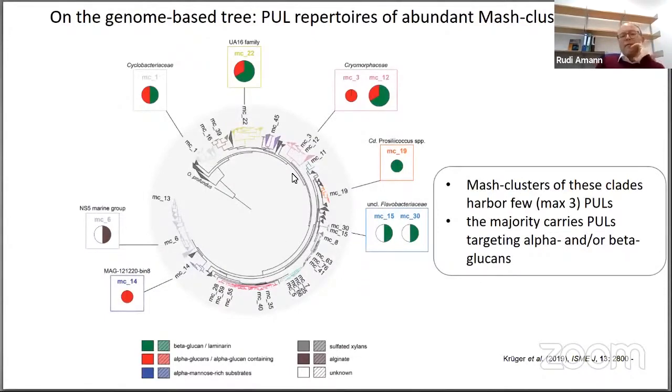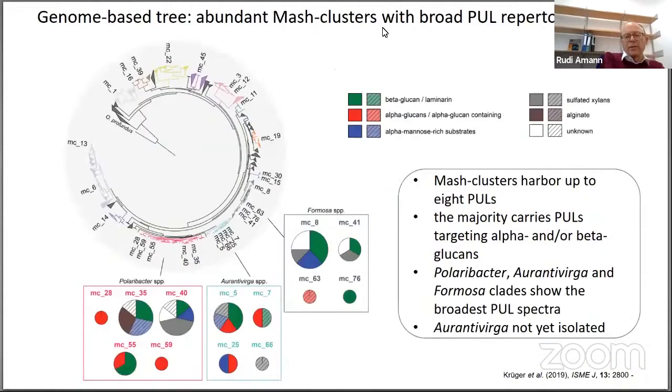And we have groups like the Cryomorphaceae or the Candidatus Prochlorococcus, which can only use one, maybe two substrates, the laminarin and maybe an alpha-glucan. Whereas others, and I indicated Formosa, Aurantivirga, Polaribacter, most likely have a more diverse full spectrum, indicating a more diverse glycan utilization pattern.